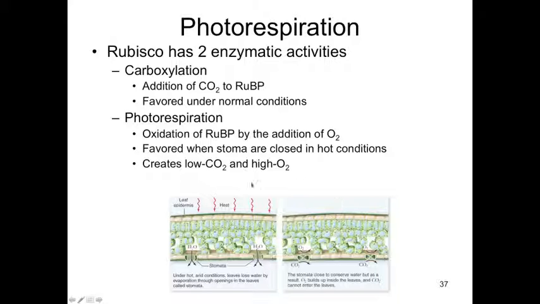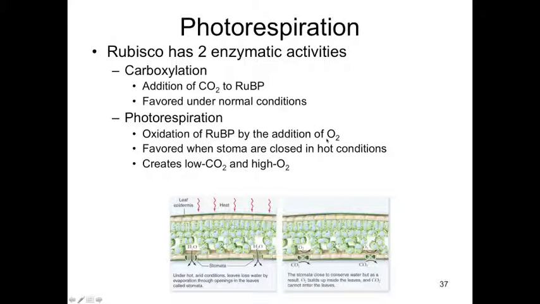So let's take a look here at the leaf. The leaf allows air and water to pass in and out of it through these pores called stomata, or stoma for singular. However, when it's very hot, the stomata will close. And as photosynthesis continues, we see a buildup of oxygen because oxygen is one of the byproducts.